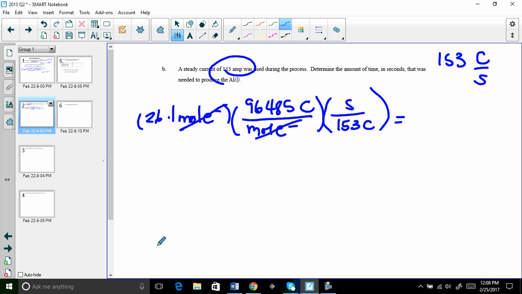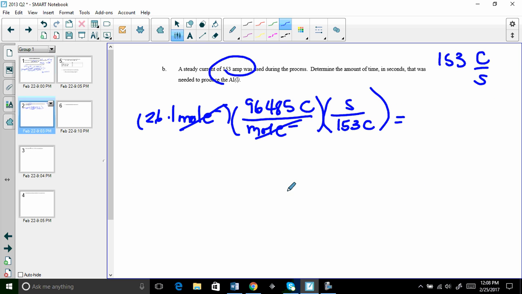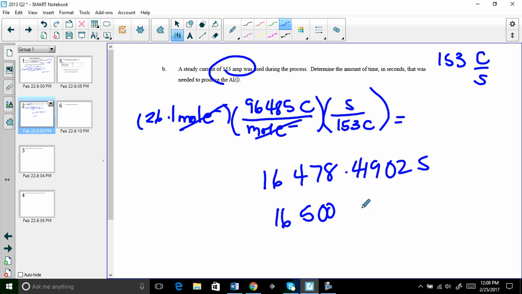I just kept the answer for A still in my calculator. I just didn't hit clear. But anyways, when I did that, I got 16,478.41902 seconds, which has way too many sig figs. And so 16,500 seconds is the best answer for this problem.